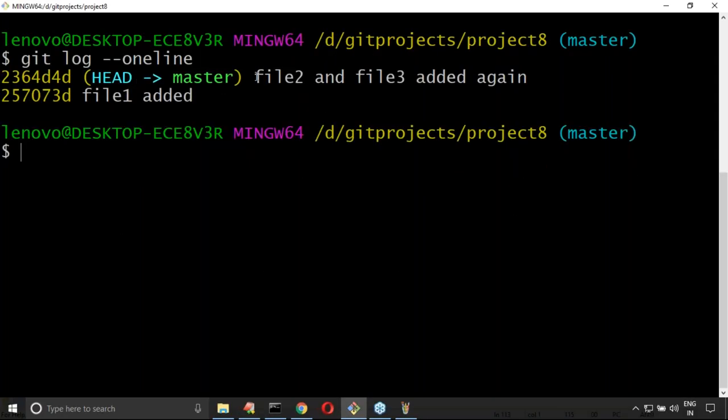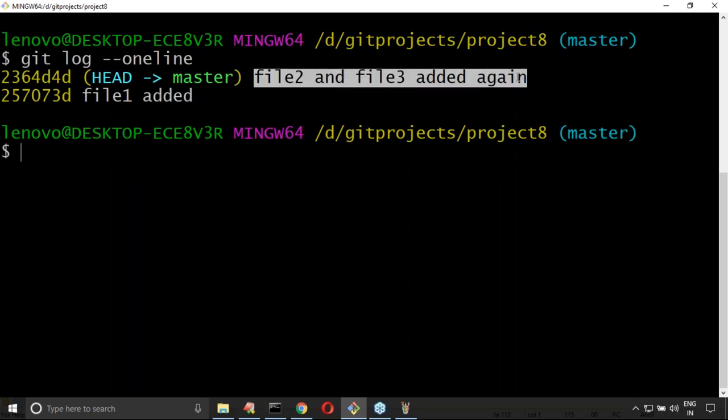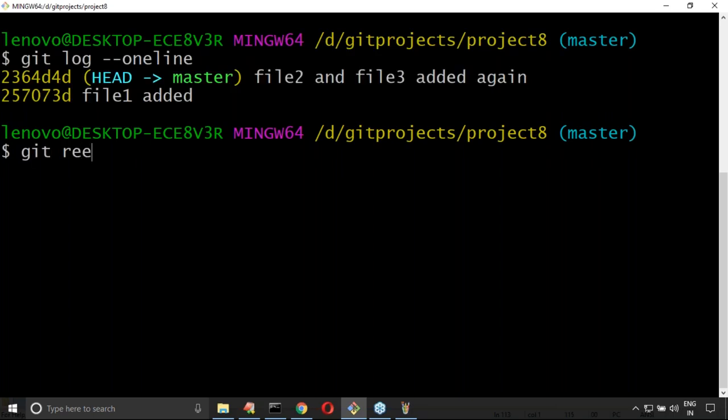If I consider file 2 and file 3 added again, I didn't add the defect number. What I will do: git reset hyphen hyphen soft HEAD tilde 1.